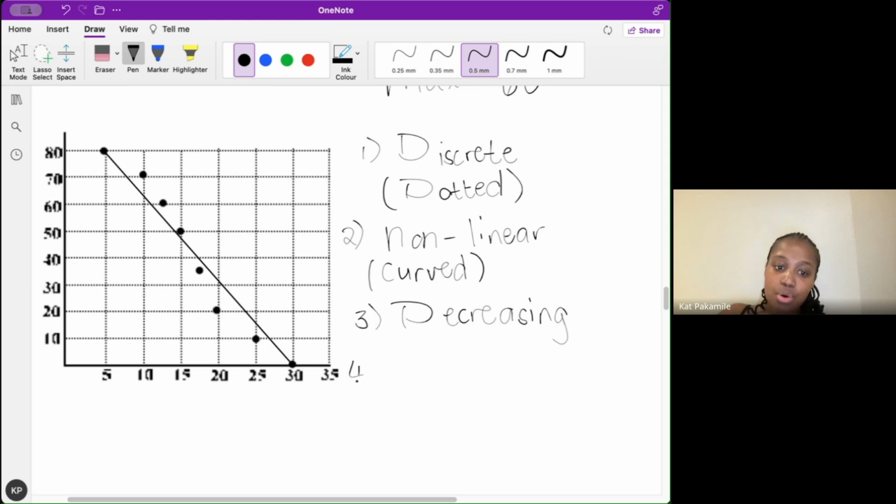And number 4, what is my minimum and maximum? Once again, it starts all the way on the axis, which means my minimum has to be 0. And my maximum is all the way up there. And if you read that off, that would be 80. Beautiful.